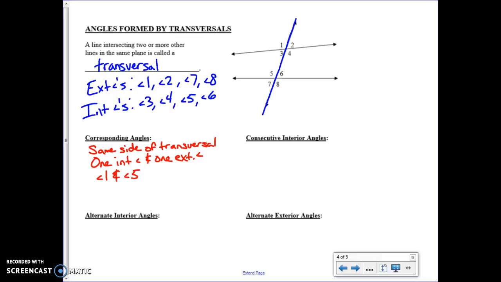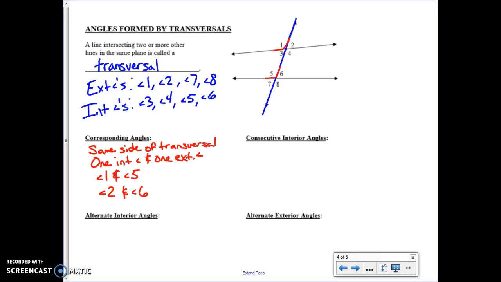And so I think of corresponding angles as angles that lie kind of in the same place. So angle 1 and angle 5 both make that backwards L angle shape. Another pair of corresponding angles would be angle 2 and angle 6. They're in the forward L shape there.